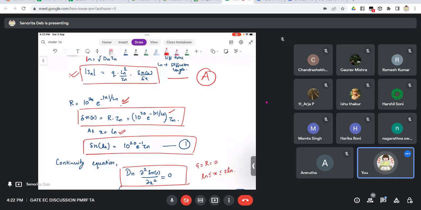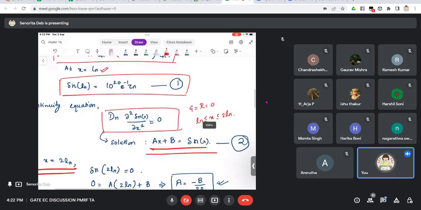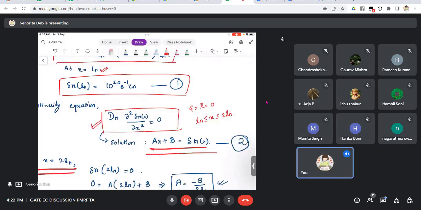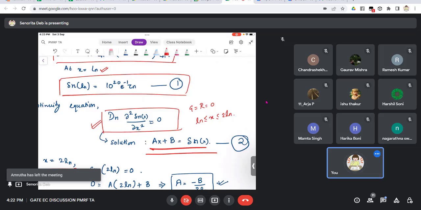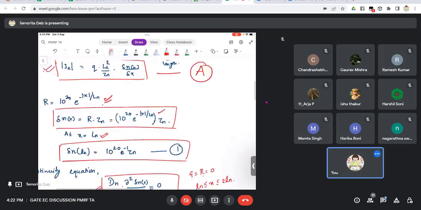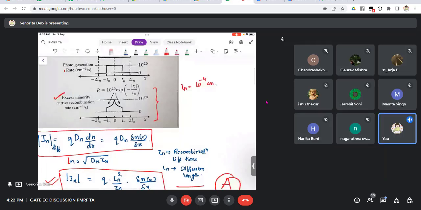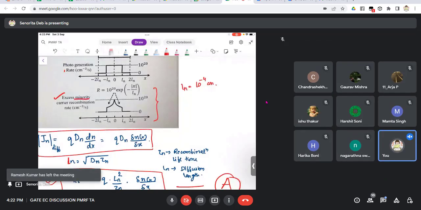From the continuity equation, which is also there in the book, an important equation, you have D_n into delta square delta n(x) by delta x square is 0. This is what the continuity equation says. It is 0 because the generation and recombination rate is 0. This is the profile for generation and minority carrier recombination that was given.